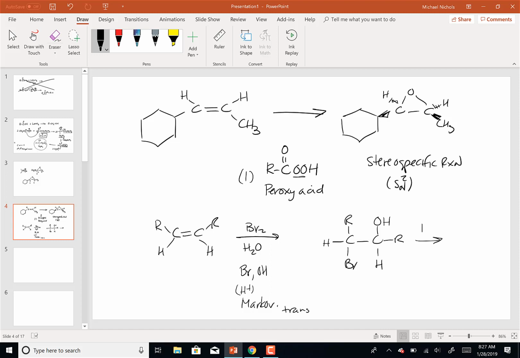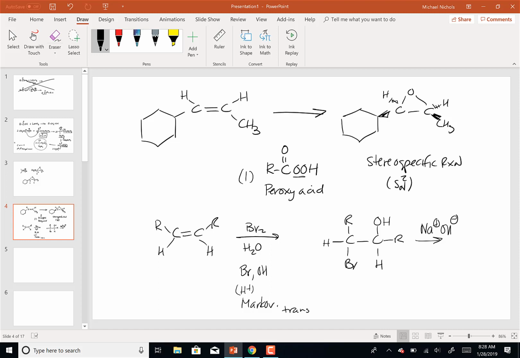How about I treat this with Na+ OH minus? So I'm going to react this with hydroxide. What's it going to do? Hydroxide is going to deprotonate the oxygen.